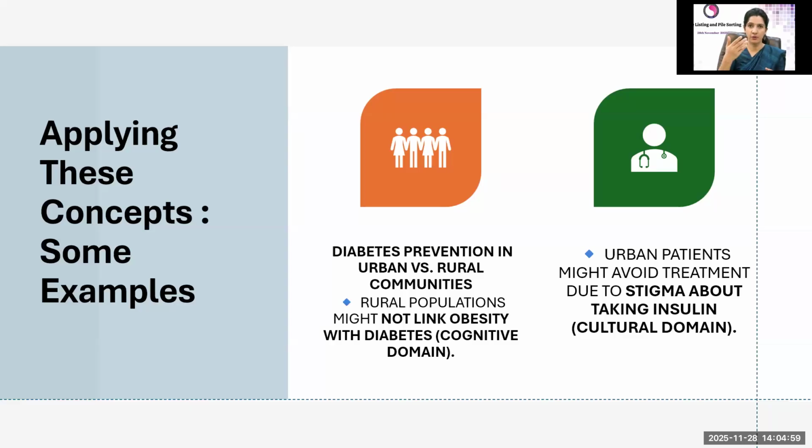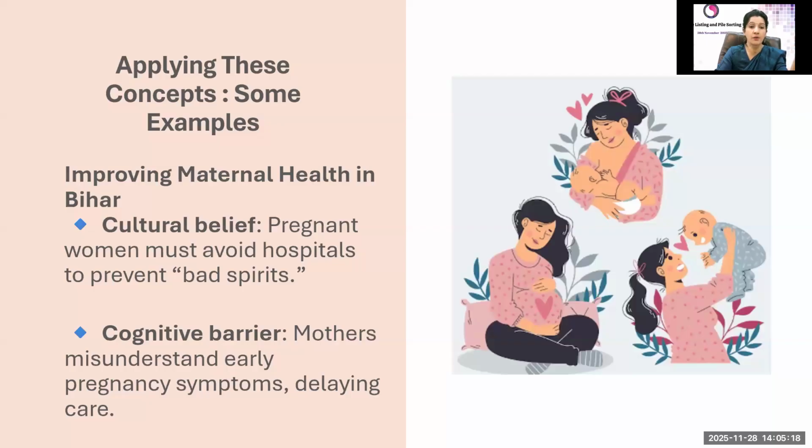But when you ask them to take insulin, they are a little afraid. They say, no, my disease is not that severe, I don't need to take an injectable, just tell me any oral drug. Injectable is somehow perceived as a very severe case of diabetes. So they are not ready to take it.